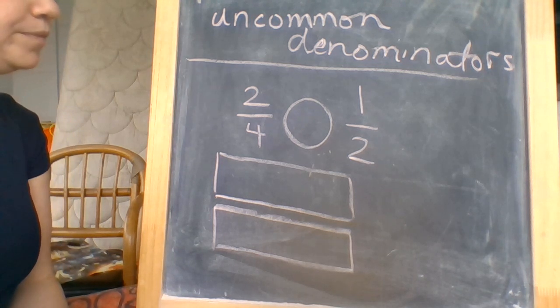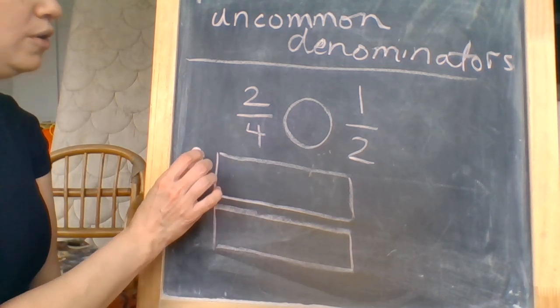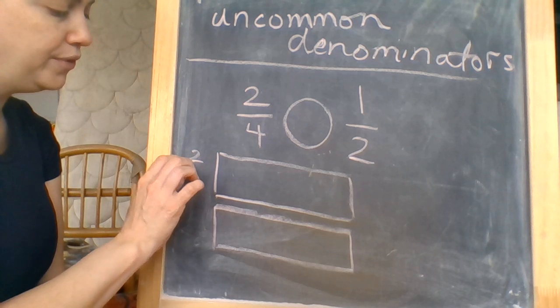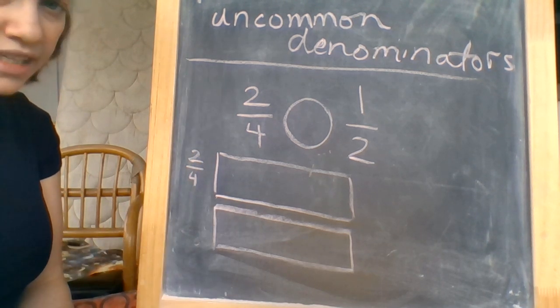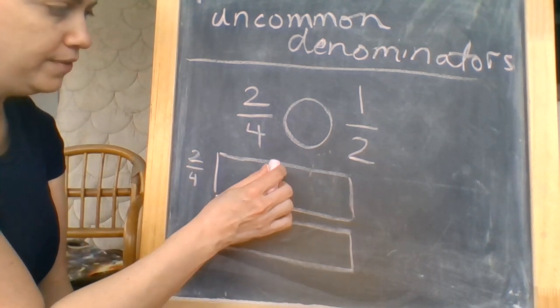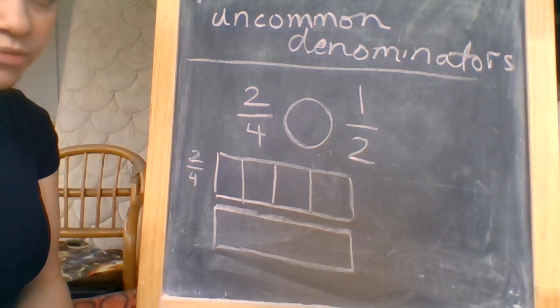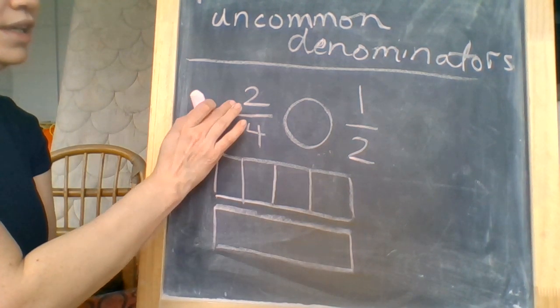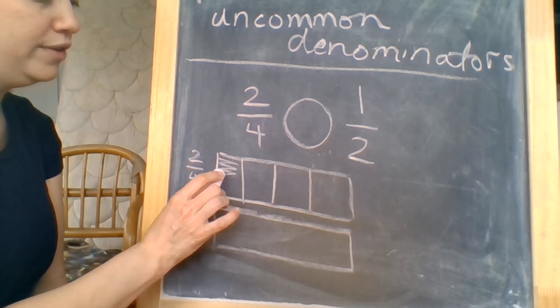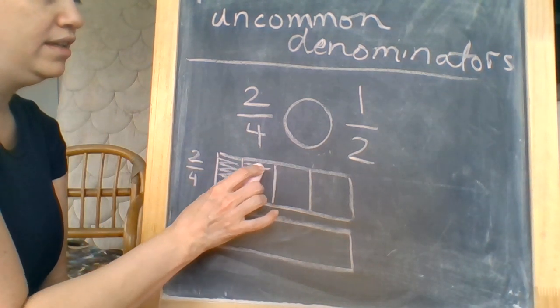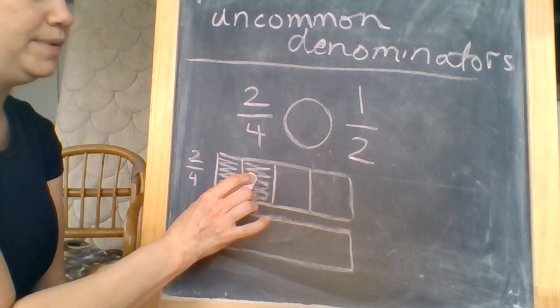Who ate more? Let's find out. So Mrs. Conley ate 2/4. So I need to split this into fourths. 1, 2, 3 lines gives me 4 equal parts. And I need to fill in half of them, because 2 of them, because Mrs. Conley ate 2 of her 4 pieces.